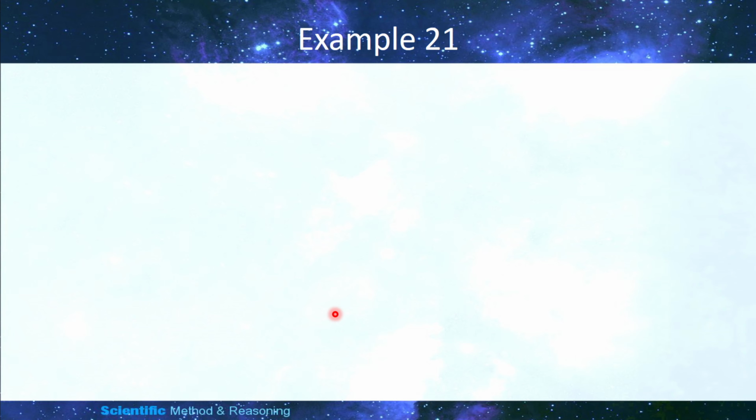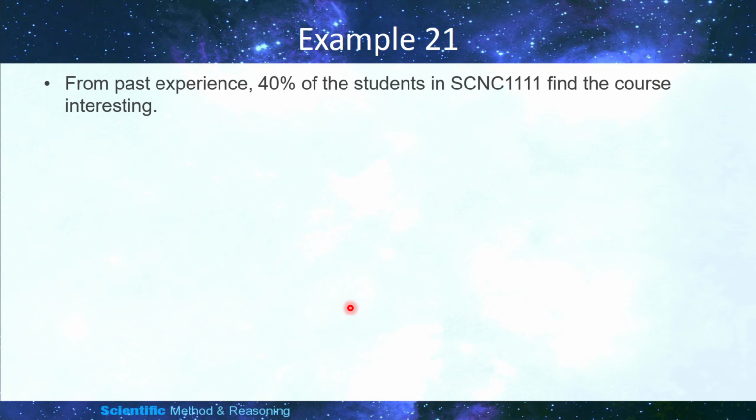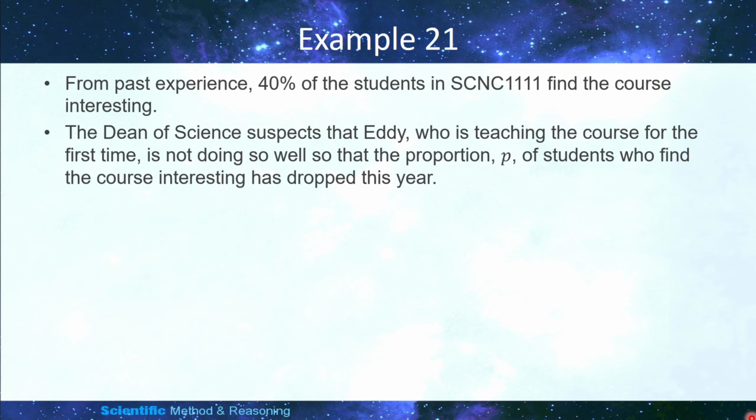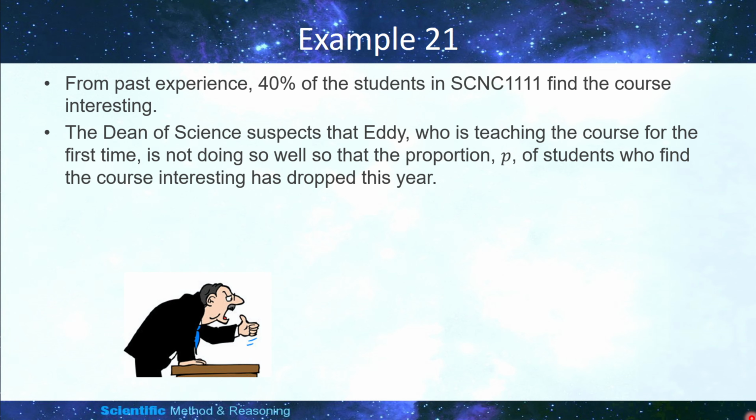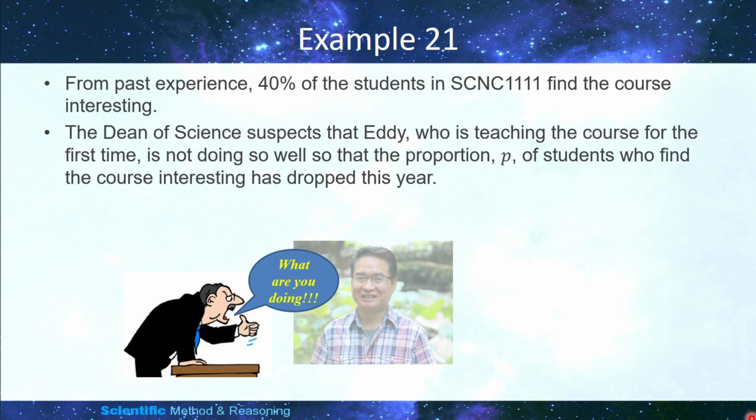Let's consider another example. Example 21. From past experience, 40% of the students in SCNC 1111 find the course interesting. The Dean of Science suspects that Eddie, who is teaching the course for the first time, is not doing so well, so that the proportion P of students who find the course interesting has dropped this year.